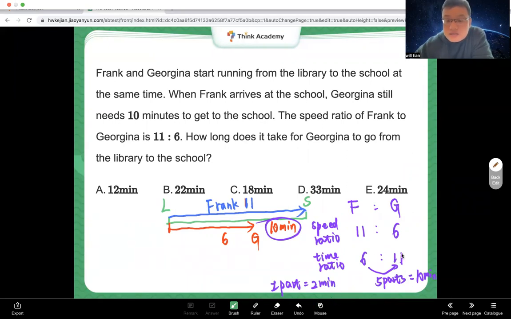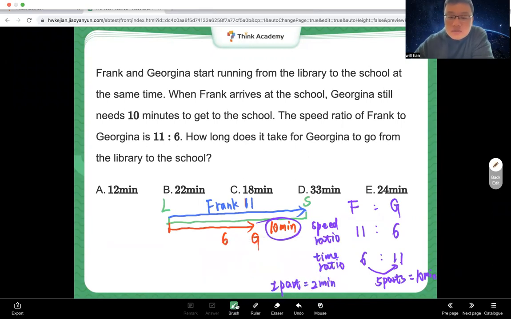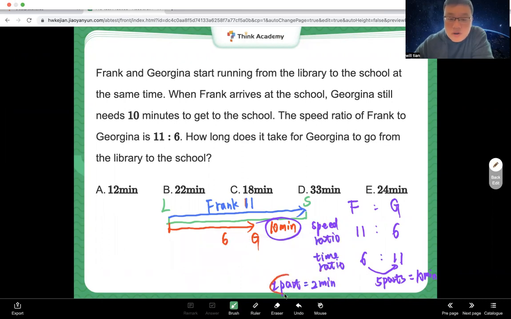And you see that in this ratio, it takes 11 parts in total for Georgina to cover all the distance. So you have to do 11 times 2, because we know that one part is 2 minutes.